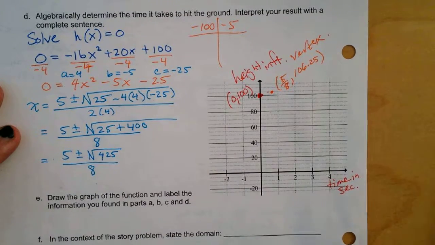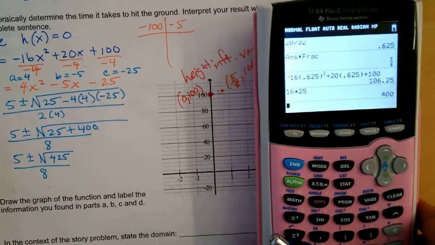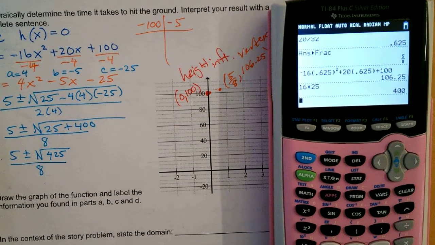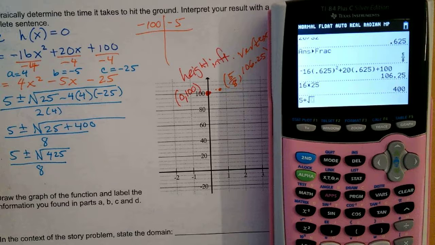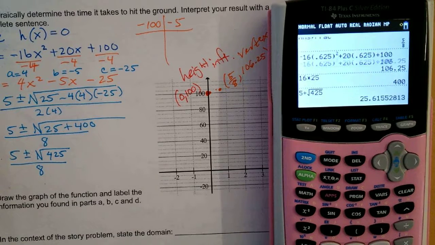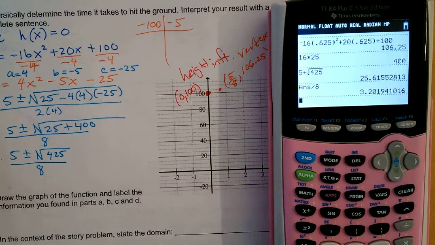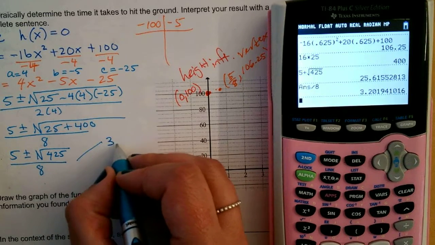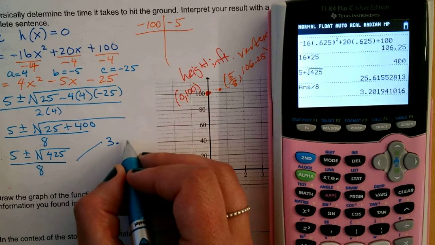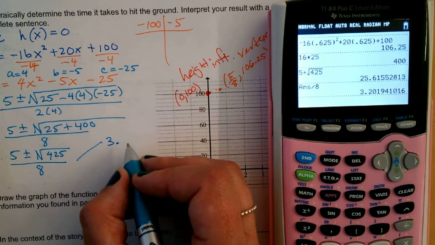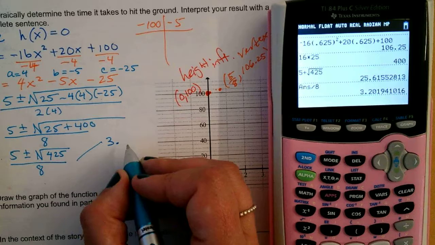Is 425 a perfect square? I don't think it is, but let's try it out. 5 plus the square root of 425 equals not a perfect square. Divided by 8. So one of our answers is 3 point. How many decimal places should we round to? Does anybody remember what it said?